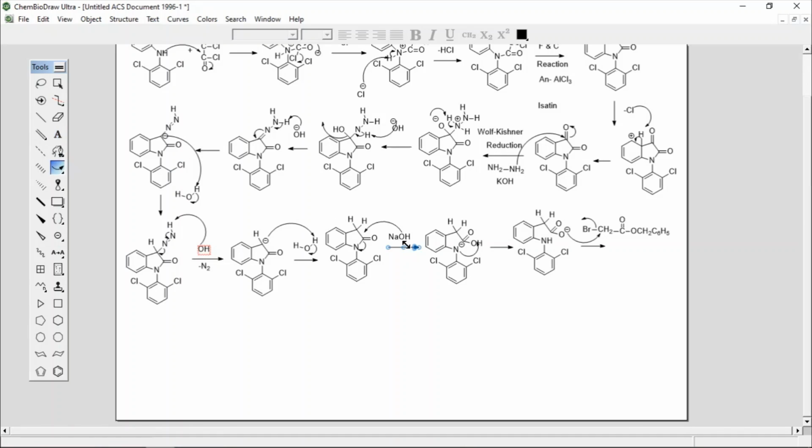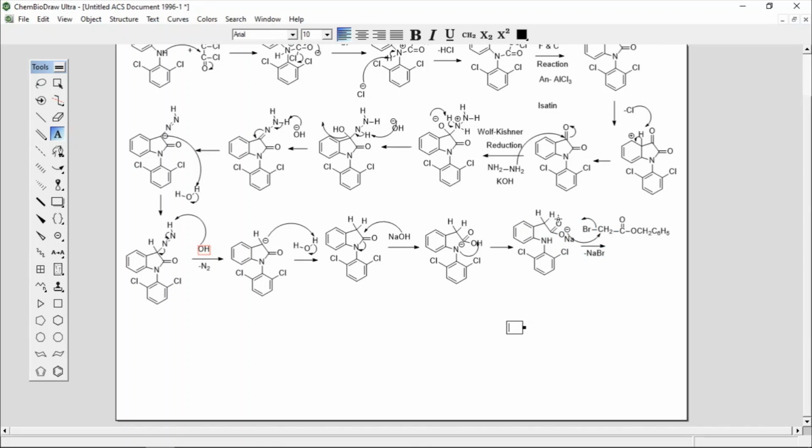So finally there will be this counter ion with this oxygen. Na will be there with this OH minus. So the leaving group will be minus NaBr. This OH minus attacks this CH2, Br is a leaving group, minus NaBr.